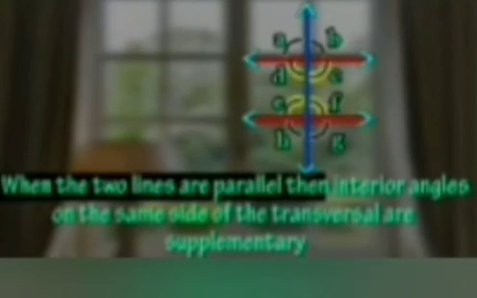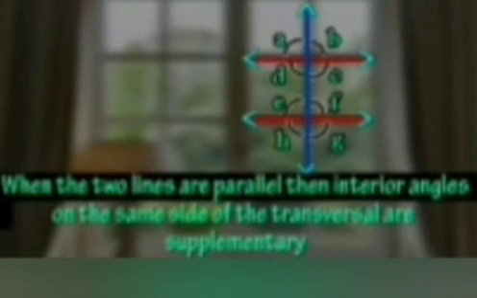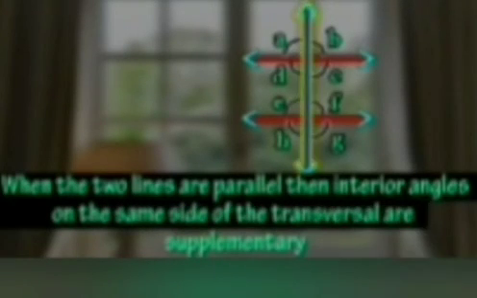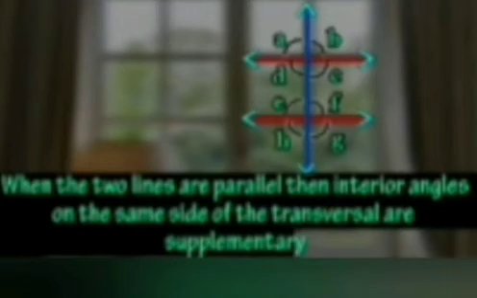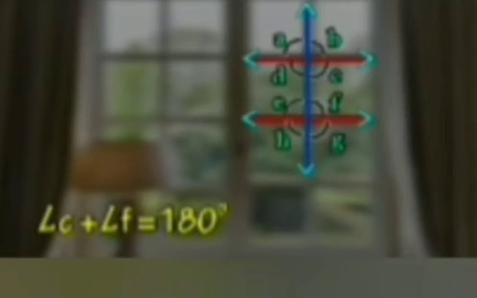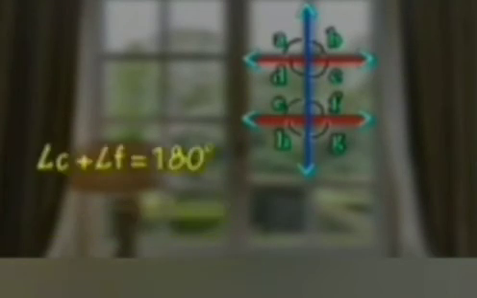They are called supplementary angles. Their sum is 180 degrees. And also a linear pair, their sum is also 180 degrees. So in the first three cases, corresponding, alternate and vertically opposite angles are equal to each other, and for co-interior angles and linear pair, the sum is 180 degrees.